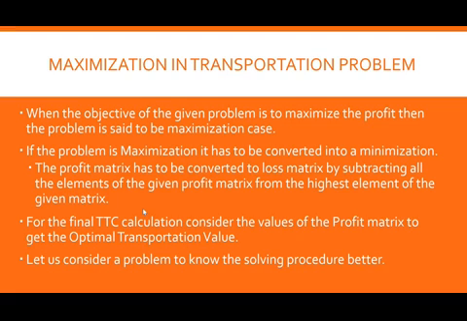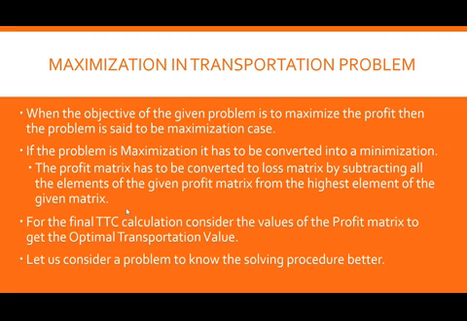So identify the maximum element in the profit matrix, subtract all the elements from that highest element so that the profit matrix will get converted to loss matrix. So our maximization case problem will get converted to minimization case.